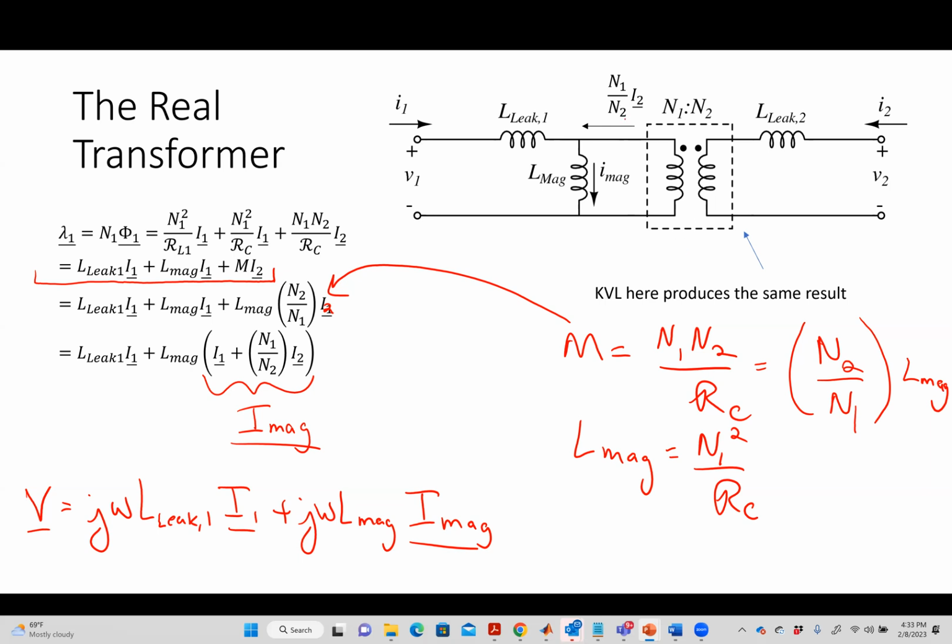What I did here is I said, this current over here is N1 over N2 times I2. Where the heck did I get that from? And why do I have it go in the direction that it's going? Where did I get off saying that that current is N1 over N2 times I2? Did I just make that up? Well, from the current relationship that I have for that ideal transformer, right?